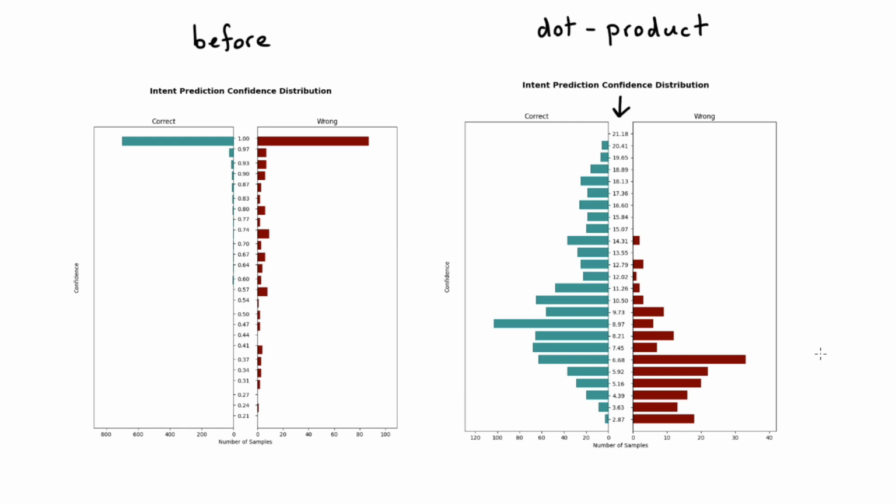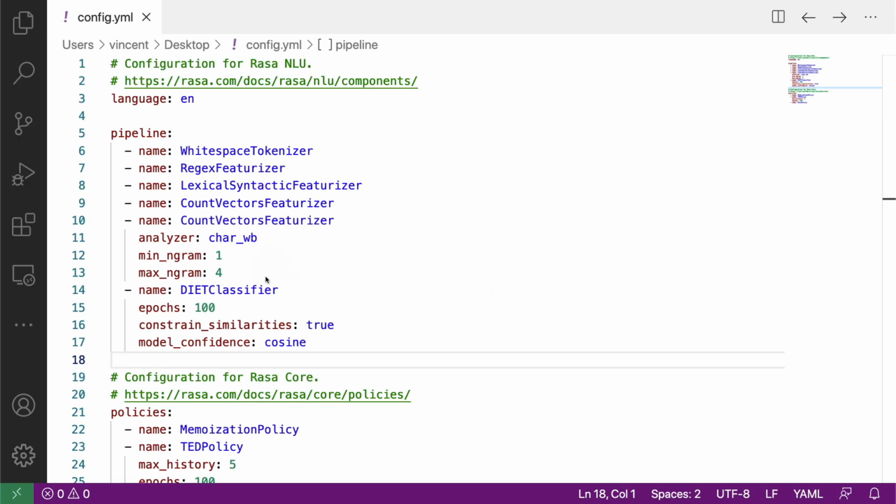In this situation, because there's more spread, it seems like a more meaningful exercise to find an appropriate threshold value for a fallback mechanism. We are making this feature available in Rasa right now, so that means that if you would like to configure your DIET classifier to use a different confidence measure, you can do so as of the new release.